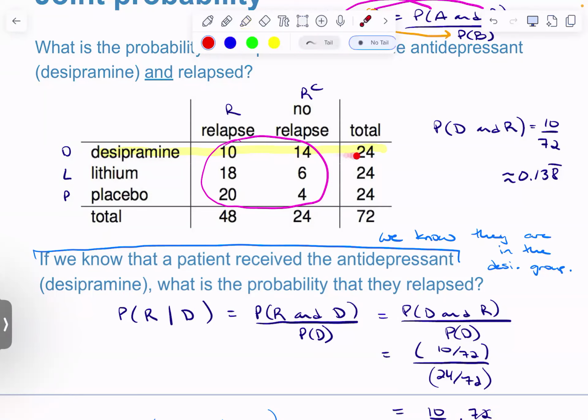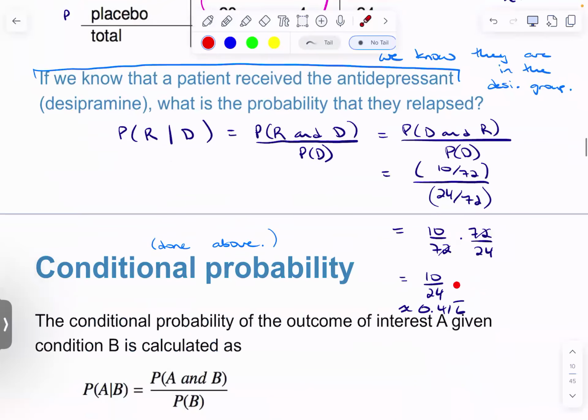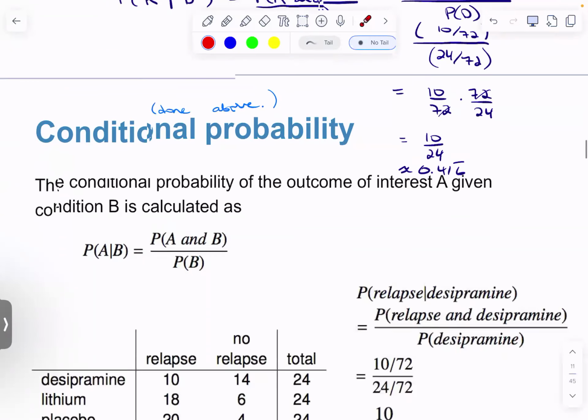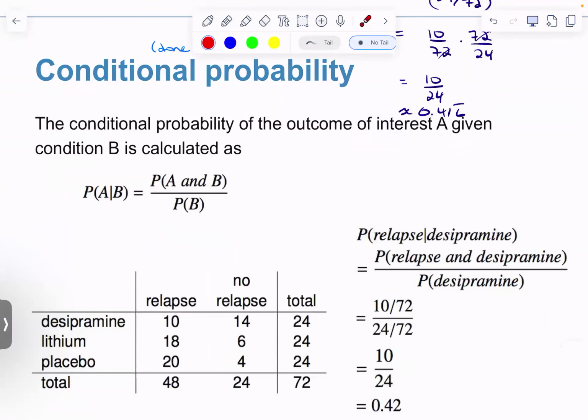So then it restricts me to this 24 as my total, and I'm interested in these 10 out of the 24, which is the same answer. And yeah, it is quicker, but at least with the formula, it'll always work. How's that for a selling feature? Very slow, but it'll always work. If you have a contingency table, you won't always have a contingency table, but most of the time you will anyways.